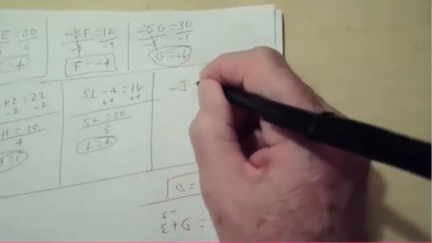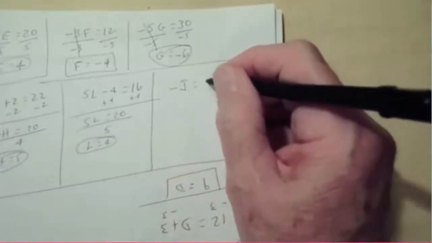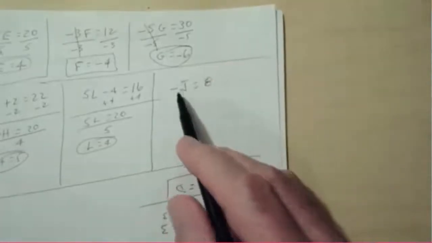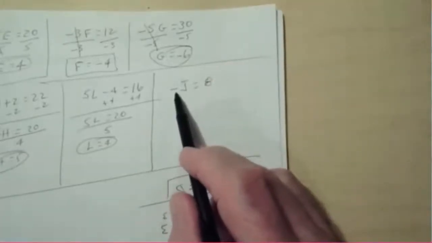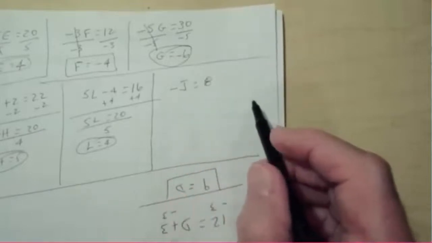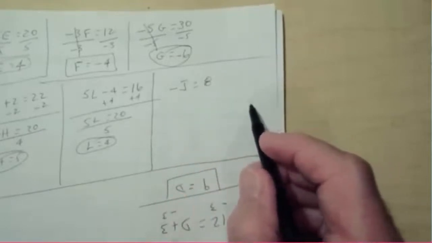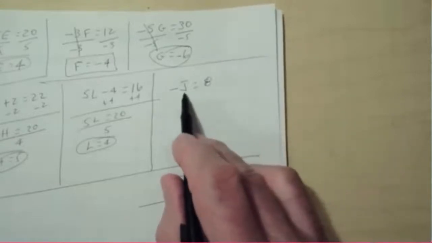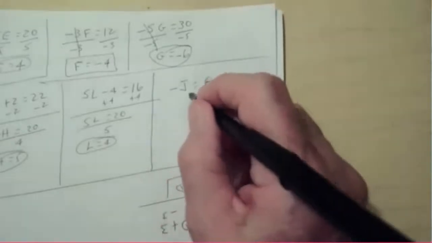Negative j equals 8. Now, how are we going to get rid of this negative? We're going to divide or multiply, doesn't make any difference, by negative 1. Because, again, we want just j over here by itself.